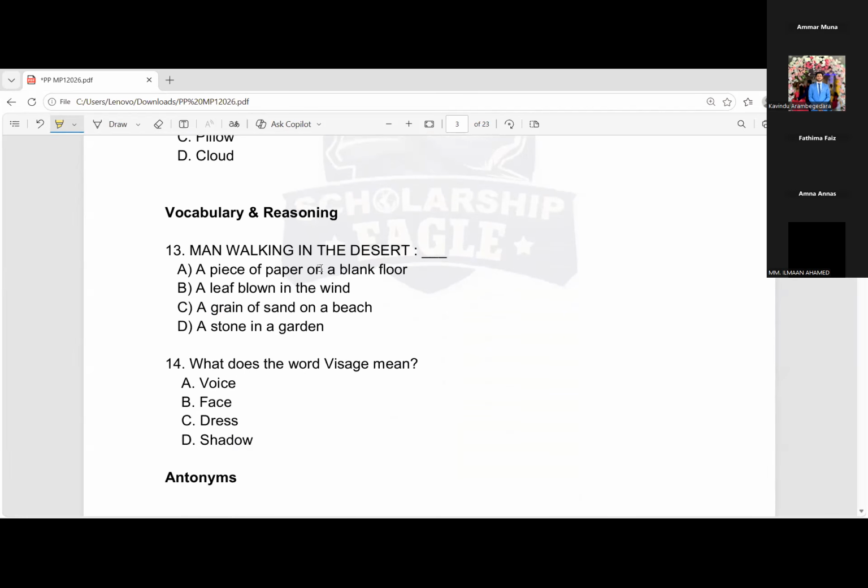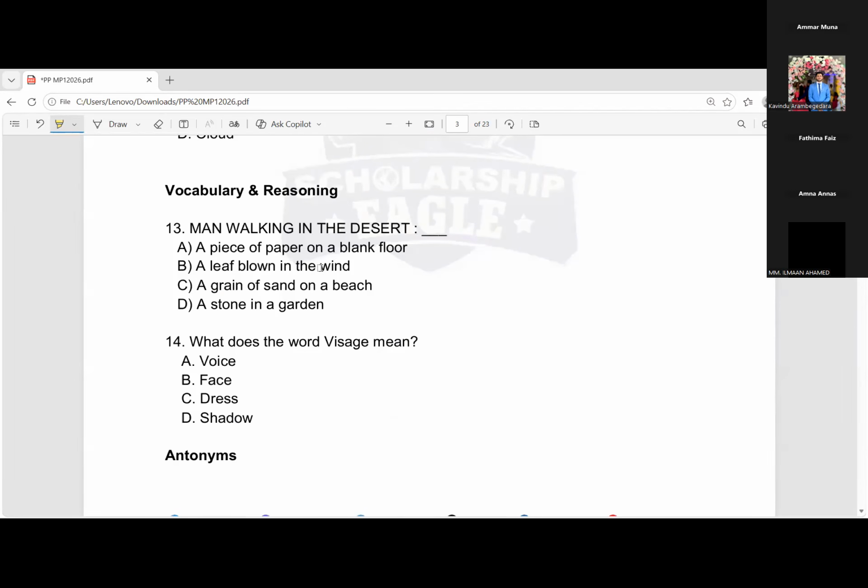Okay, now we have come to the vocabulary and reasoning part. Man walking in the desert. Okay, this is a little confusing because let's read the answers first. A piece of paper on a blank floor, a leaf blown in the wind, a grain of sand on a beach, a stone in a garden.